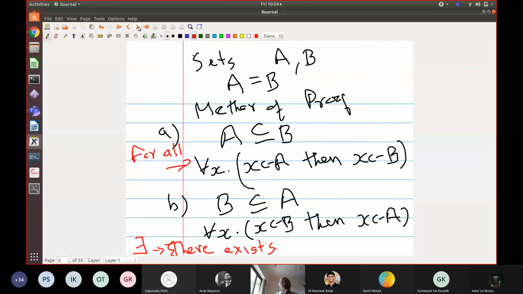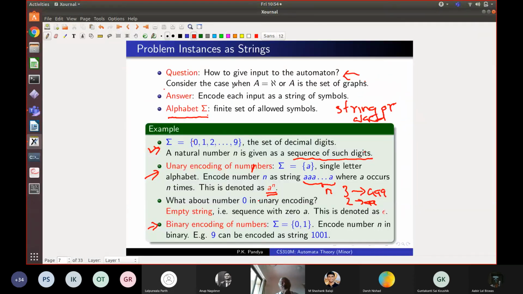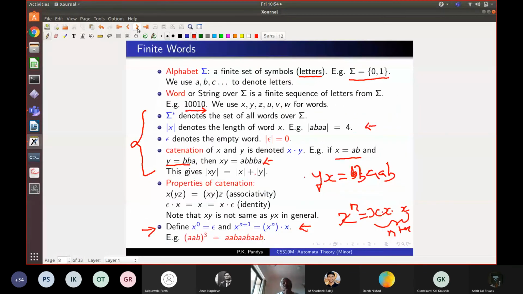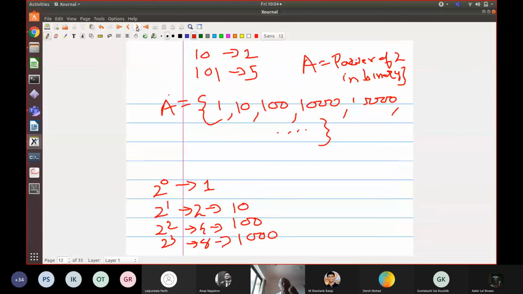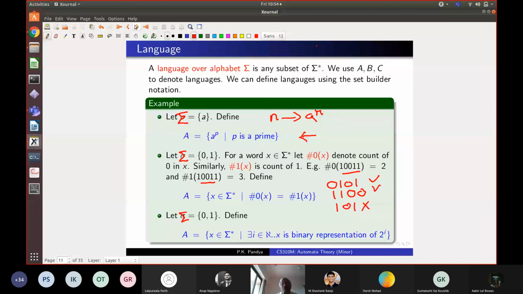Then we have considered the representation of these inputs as strings. And then if we collect all the yes instances of the problem, what we get is a subset of the strings. So we have defined a notion of strings and languages. And we have considered notations by which strings can be defined, as well as notations by which languages can be defined, right? That is what we have done today.